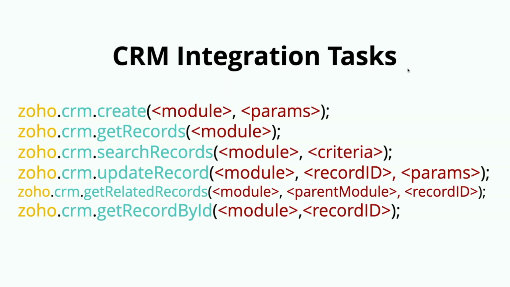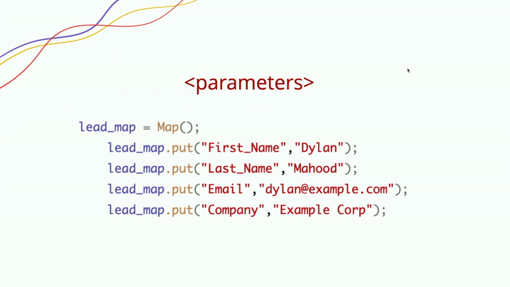That's what the parameters are. But there are all kinds of other examples here. I could get a record by its ID, maybe because I can access that when my script is triggered, or maybe I did some other prior API call to get that ID. I could update records, all kinds of things I can do.